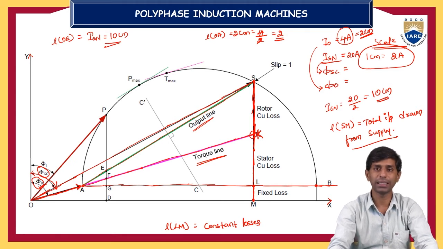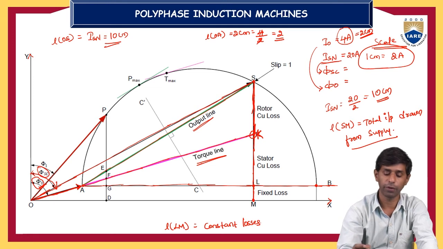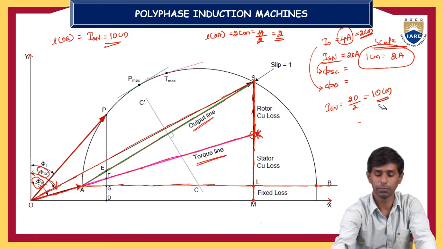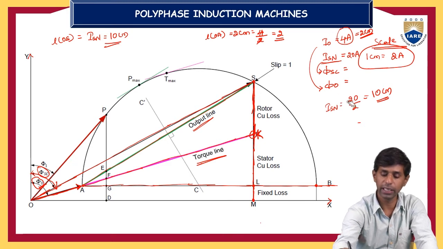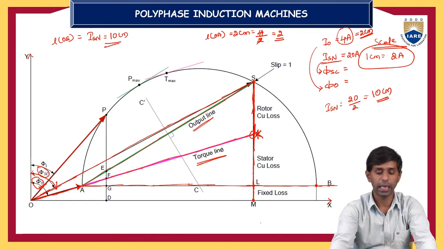Next step, we have to draw a bisector line for the output power line, that is AS. You have to draw a bisector line for AS, that is the output line, right?